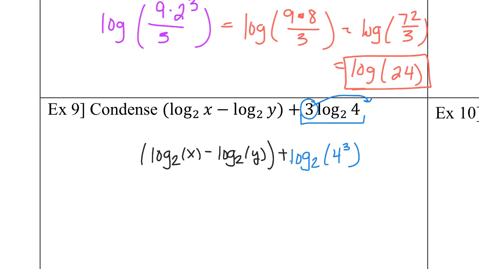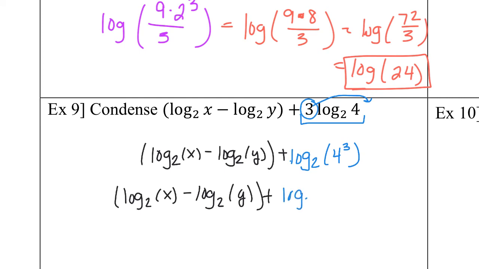Okay, now we're going to simplify a little bit. I'm going to keep all the stuff in the front the same. Now 4 to the third is actually 64. So this is log base 2 of 64.